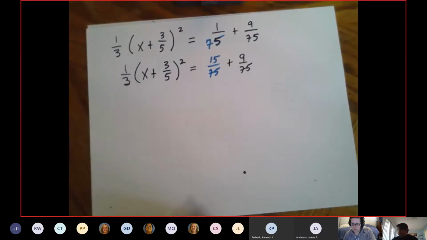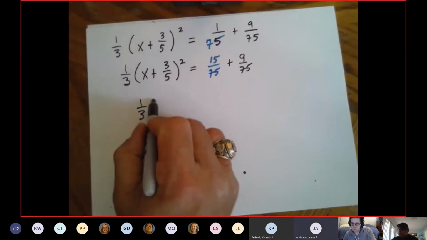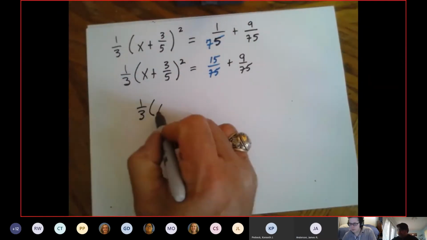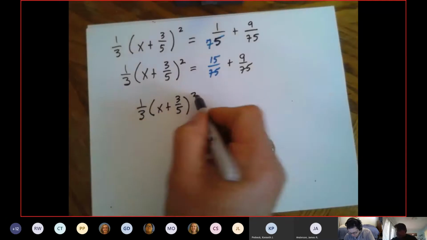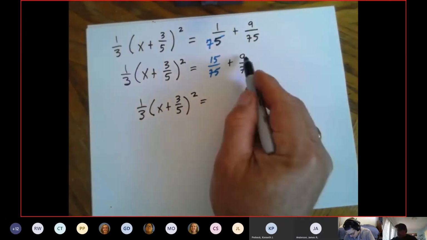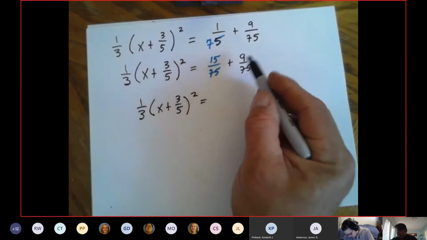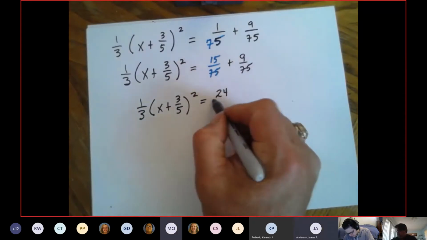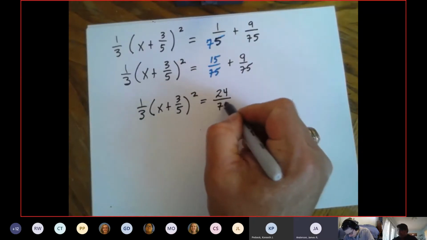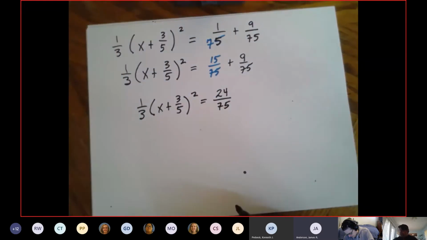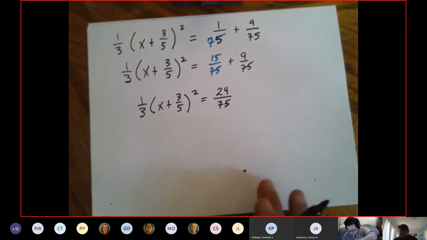And that's going to give us 1/3 x plus 3/5 quantity squared is equal to, what is that? 24 over 75? Or 8/25. 24 over 75, right? I mean, if you just add it, yeah. Now, if you want to reduce that, that's fine. Reduce it. I don't care. I'm not going to worry about that right now.